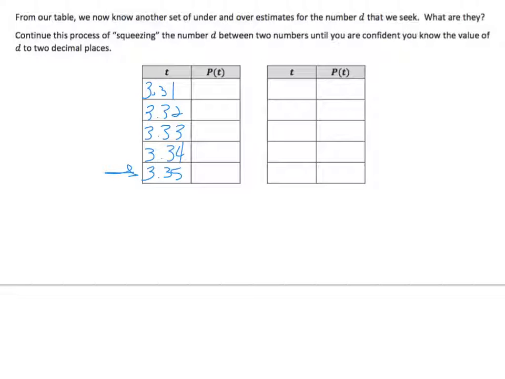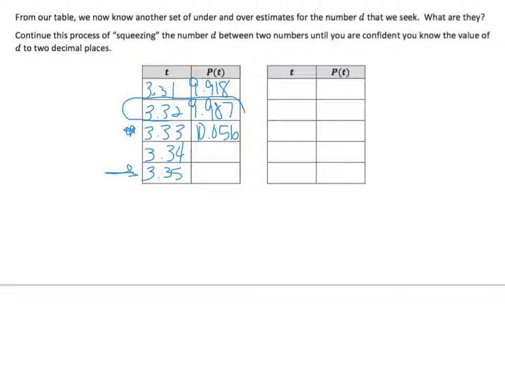But let's do it. 3.31, sorry, 2 raised to the 3.31. I get 9.918. And then 9.987, and then 10.056. So there we are, our tipping point.